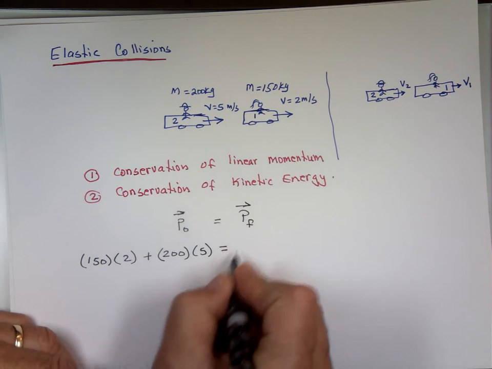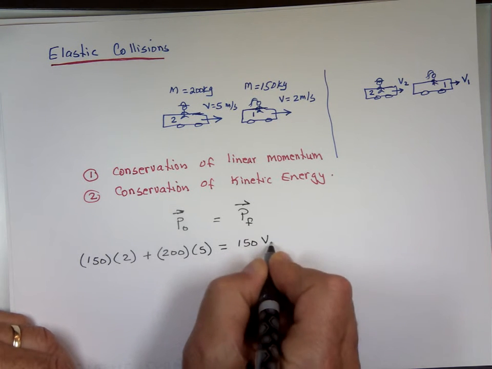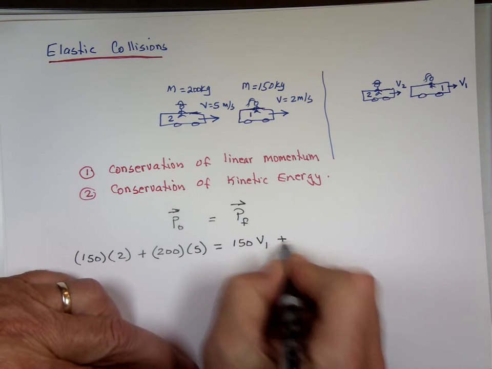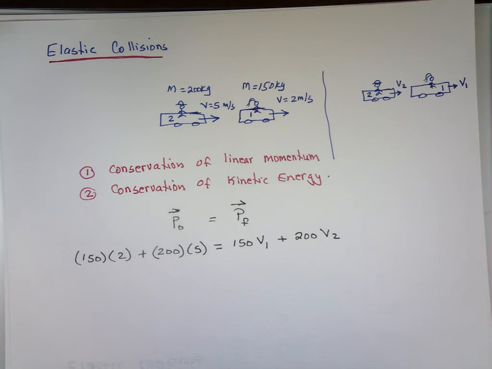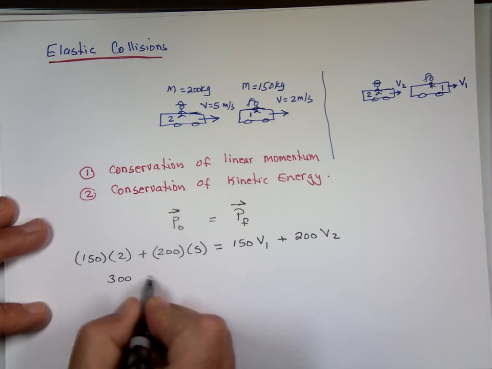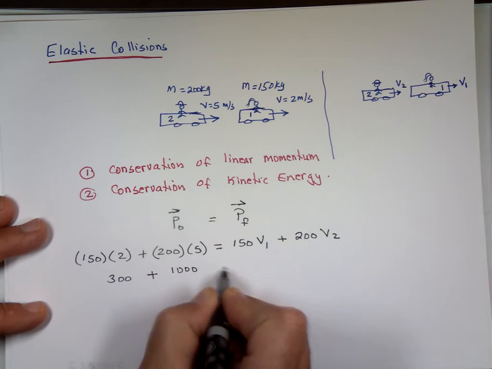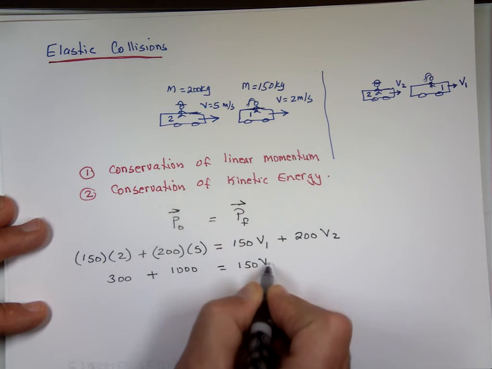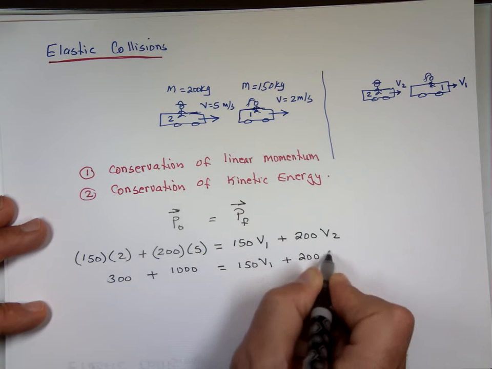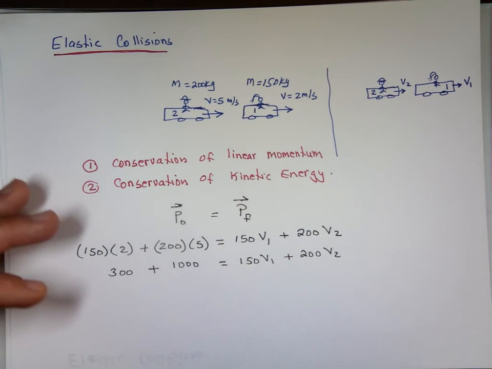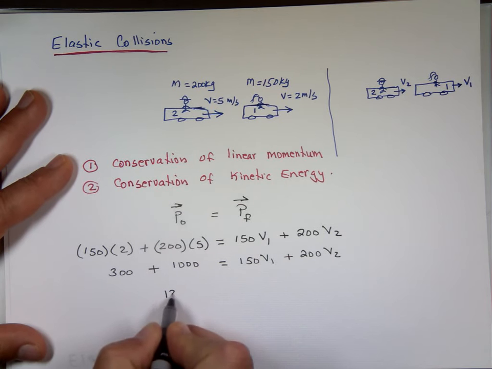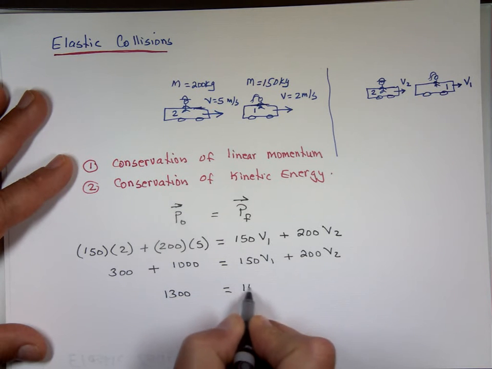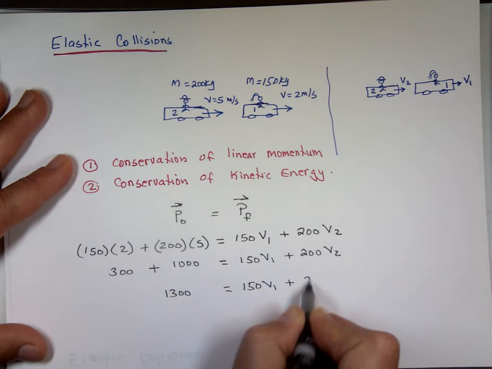The mass of the first one, which is 150, times the velocity, which is v1, plus the mass of the second one, which is 200, times the velocity, which is v2. 300 plus 1,000 equals 150 v1 plus 200 v2. 1,300 equals 150 v1 plus 200 v2.